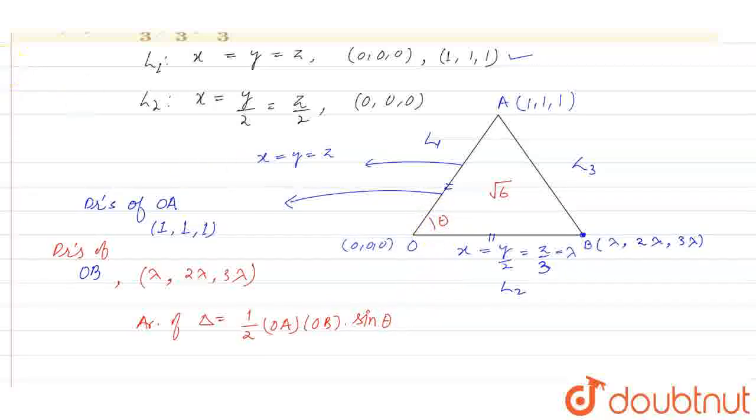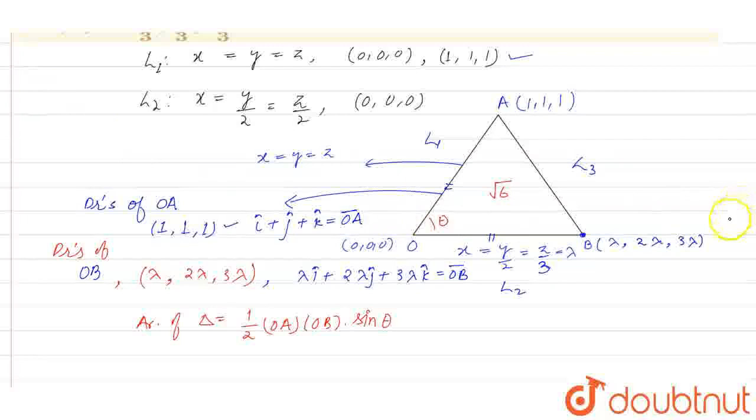By this we get a vector along this line, that is i + j + k, which is the OA vector. Now we get the OB vector, which is lambda i + 2 lambda j + 3 lambda k.